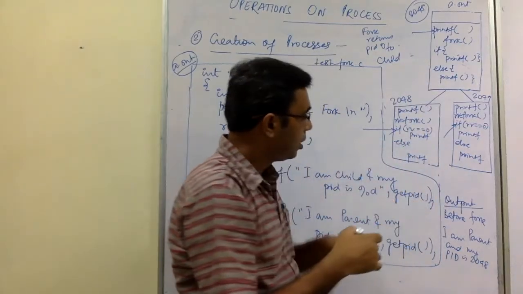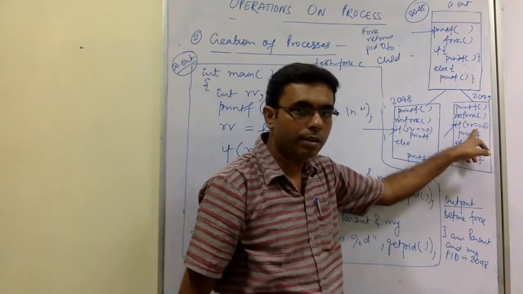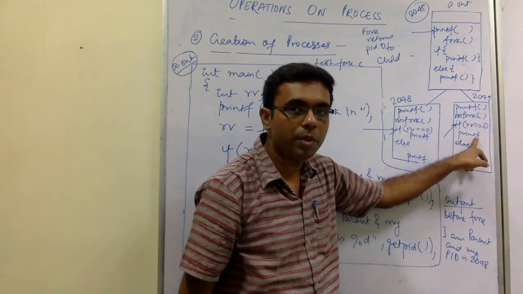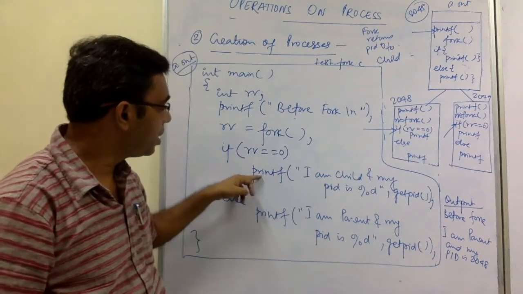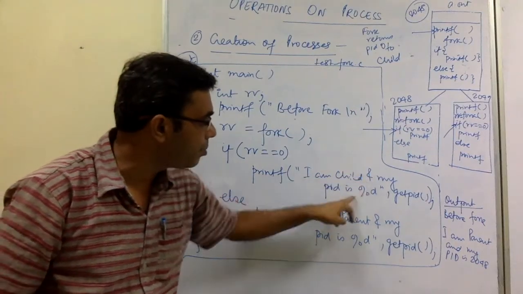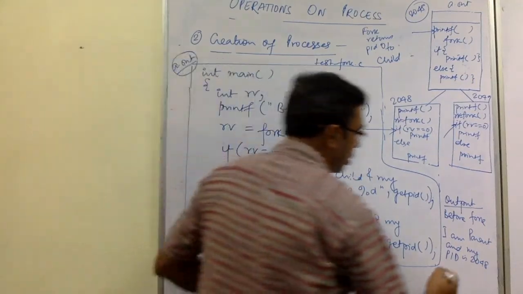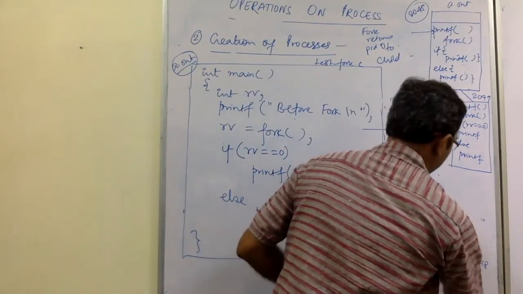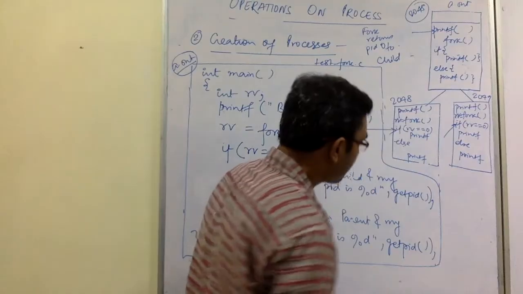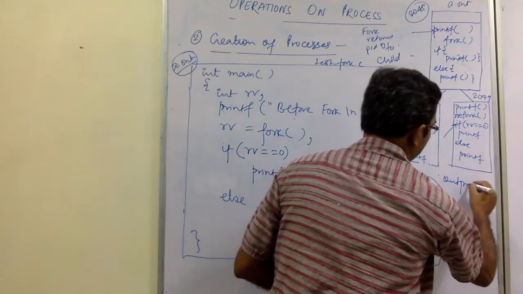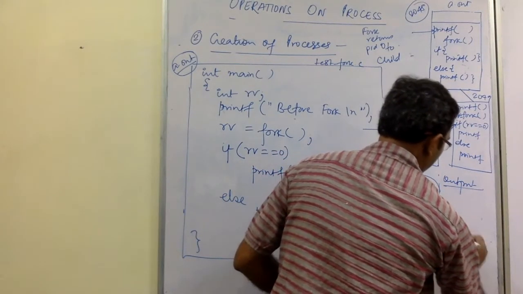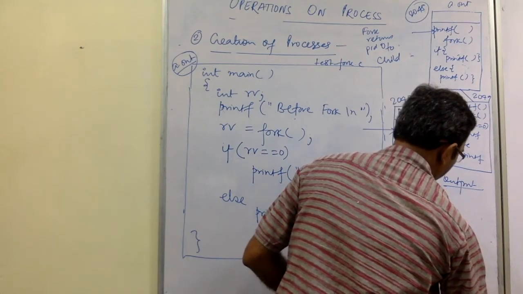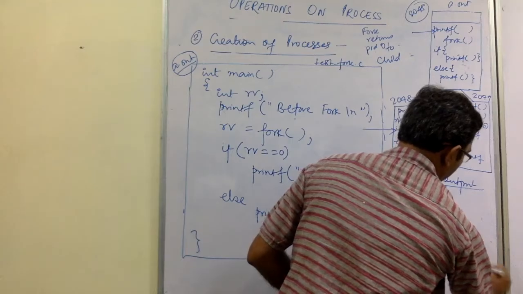As a result, this condition will be true for the child, and the printf statement will be executed, which means this line will print I am child and my PID is 2049.